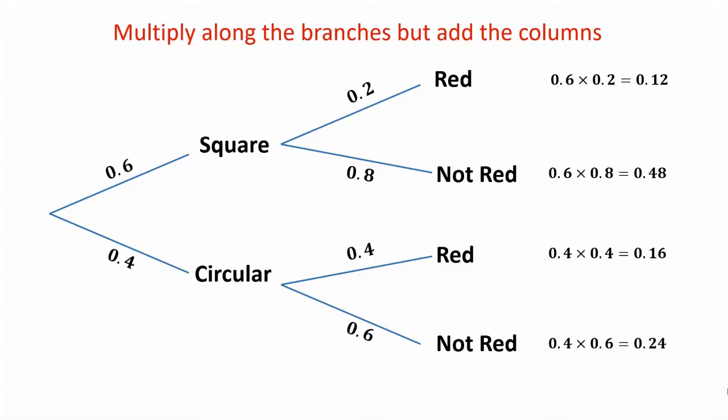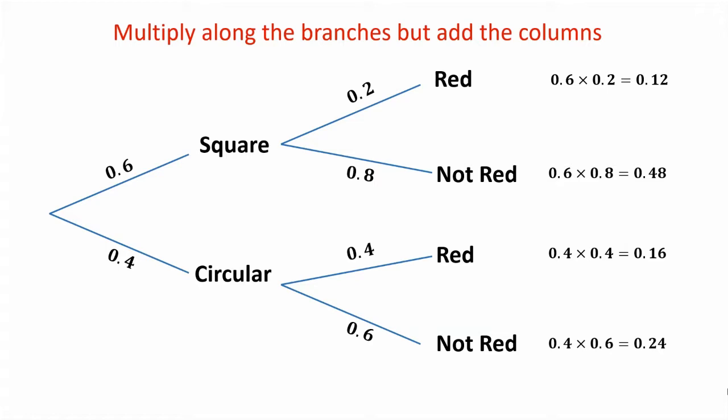So let's pause a moment here and just get one thing straight. It's the sort of thing that many students forget, so I'd like to really emphasize it now. And that is that you multiply along the branches of a tree diagram, but you add the columns. So this is a tree diagram for some other situation.